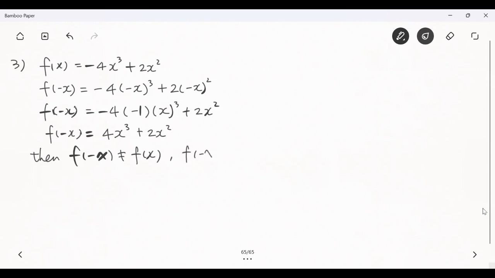Also, f negative x not equal negative f x, right? Okay, if we put a negative in the first function, it becomes 4x cubic minus 2x squared, which is not the same, right? Then we get the result, it is neither. That is number 3.